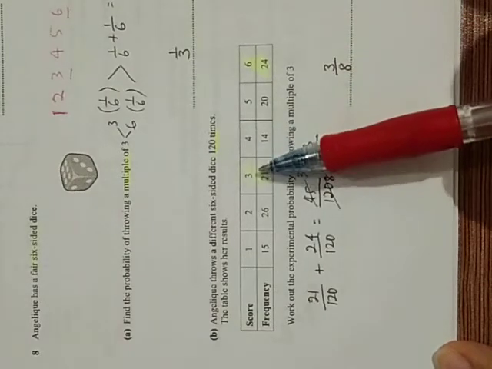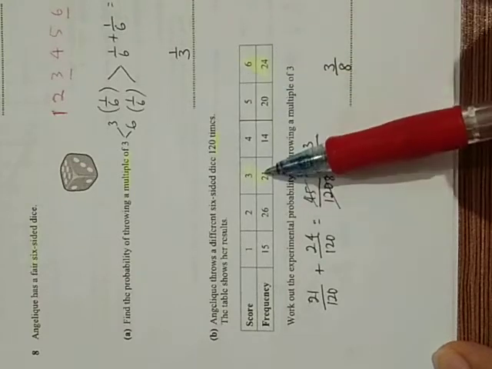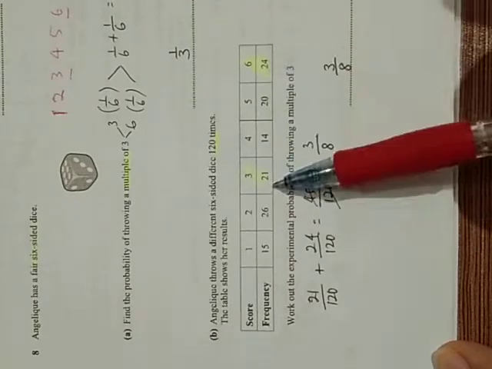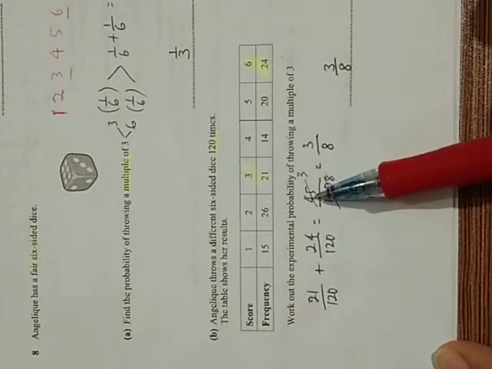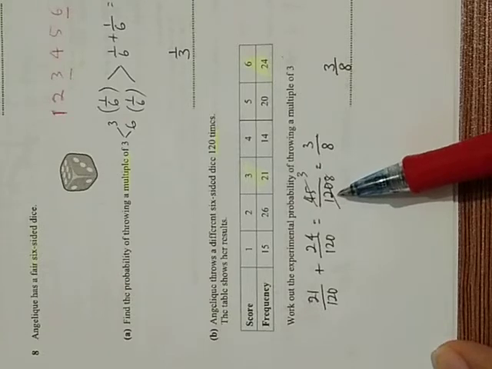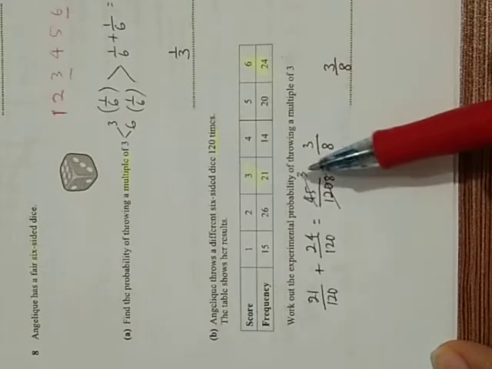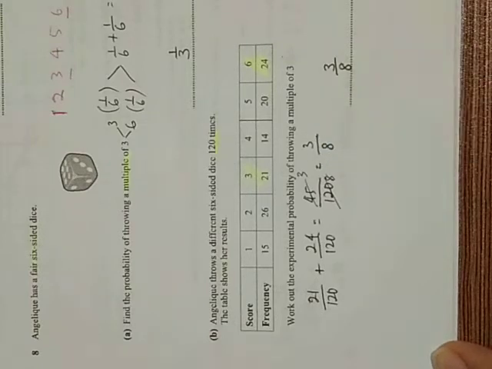The same thing, multiples of 3 are dice 3 and dice 6. So sum up the frequencies, 21 and 24, to give us 45 over the whole number of throws, which is 120. Simplified further, they are all multiples of 15, so it's 3 over 8.